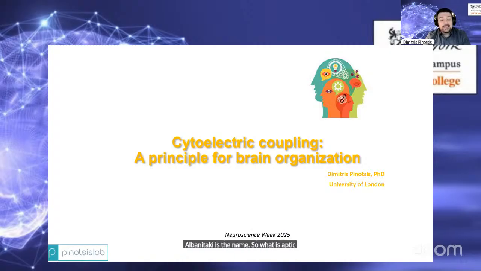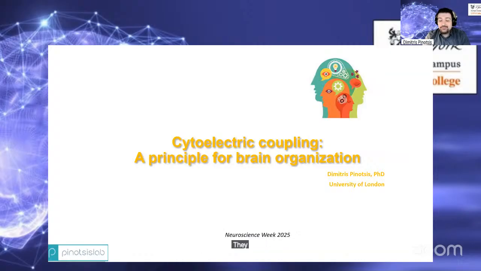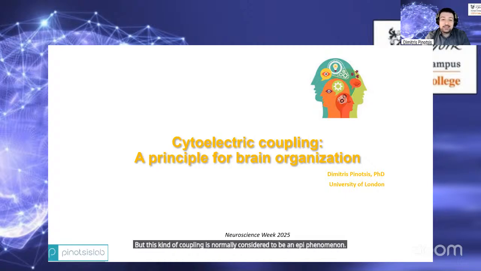So what is ephaptic coupling? Ephaptic coupling is the idea that neurons, when they spike in the brain, are affected by the ambient near-field electric field, by the overall electric field. But this kind of coupling is normally considered to be an epiphenomenon, something we don't pay too much attention to.